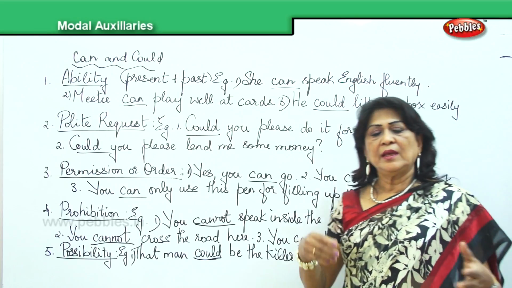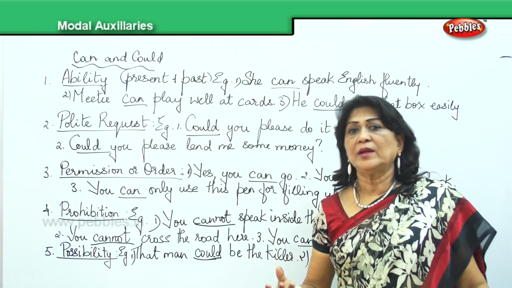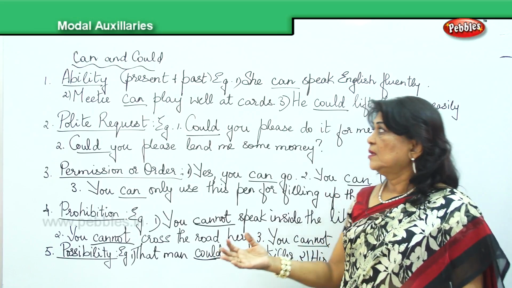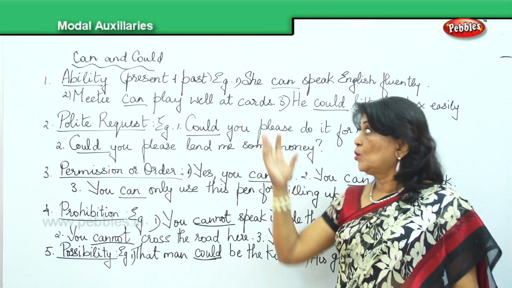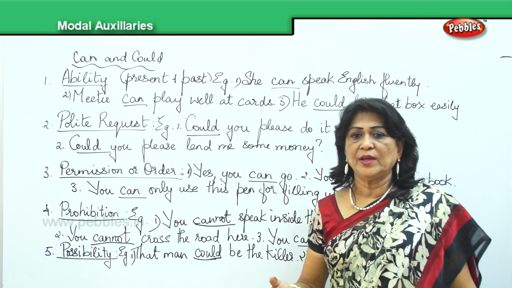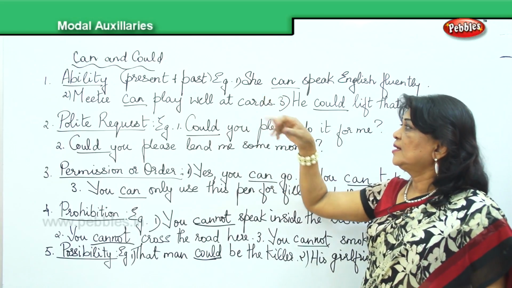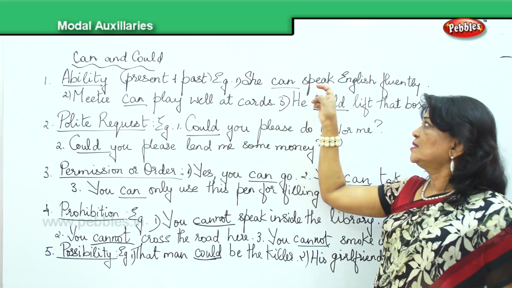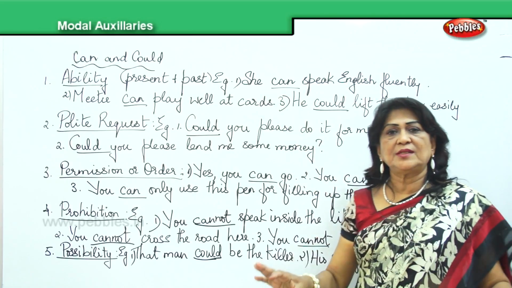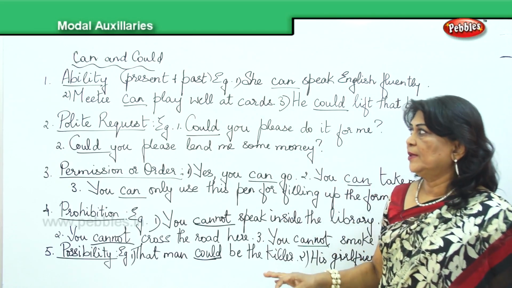If I talk about someone in the past, like I met her last year, she could speak English very fluently. Could is used in the past tense. Okay, she can speak English fluently is just a general statement.